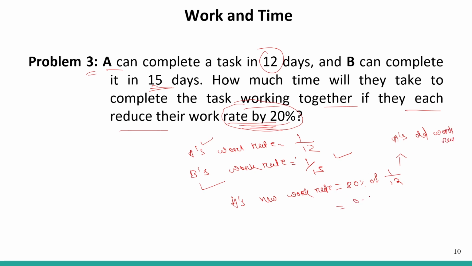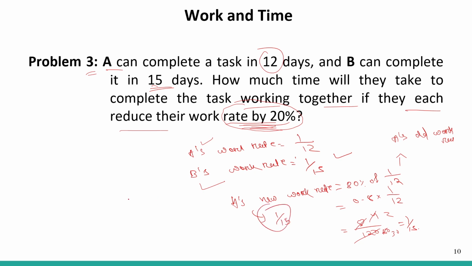So this is equal to 0.8 into 1 by 12, which is 8 by 120. So this will be 1 by 15, right? So A's new work rate is 1 by 15.